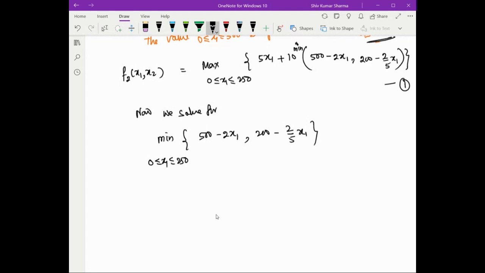When we put various values of x1, such as 0, 100, 200, 300, we compare the results, and the second function gives the minimum values.